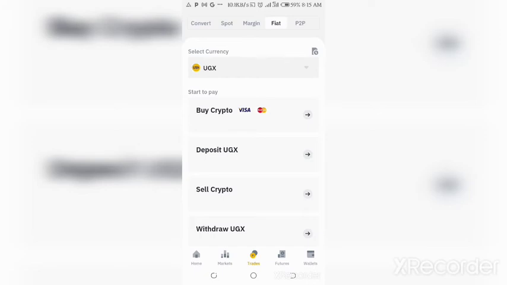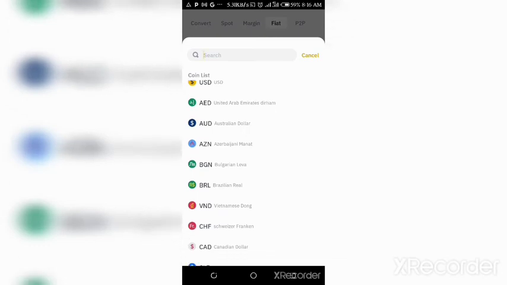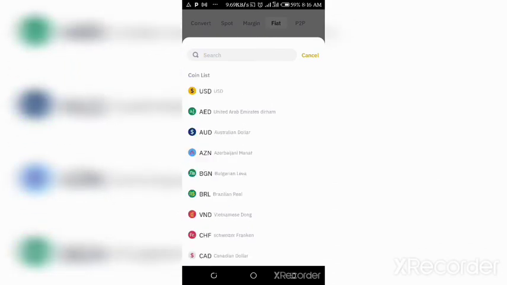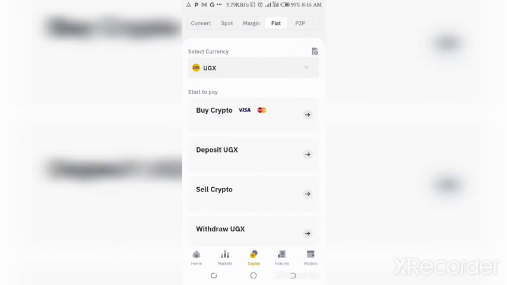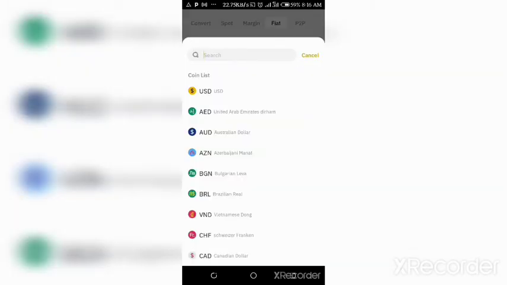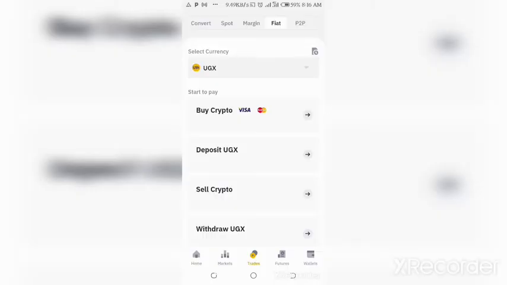For example, if you come on Binance and want to buy coins, you deposit your country currency using any of the currencies here, and then you buy. You can buy using Visa or mobile money. For mobile money, you use this option, in case you have mobile money in your country. You deposit money on Binance and buy, but you can also sell. We shall make a separate video to look at that.